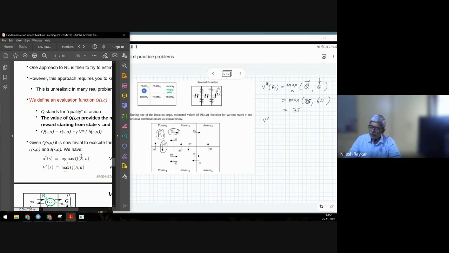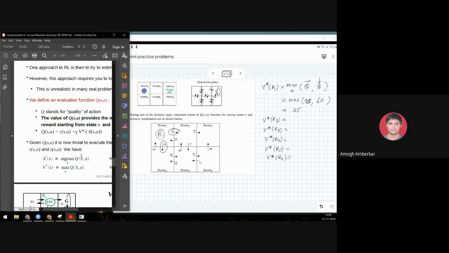Similarly, we can calculate for the other rooms. Calculate for the other rooms and tell me that. So what will be the value function for room number 2? 95.